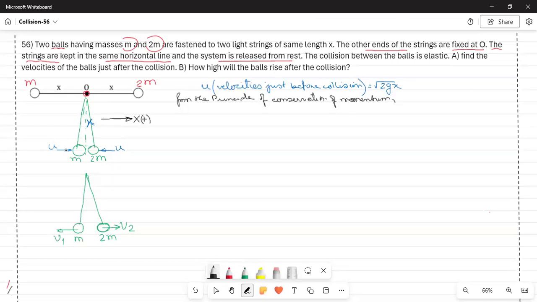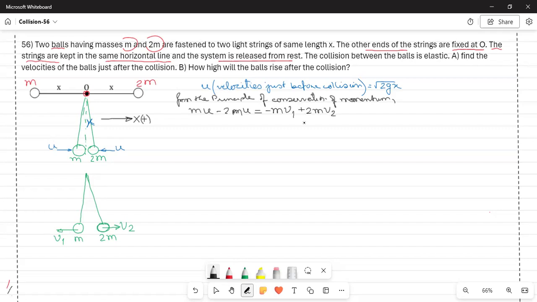So the velocity of mass m is in the positive x-axis. So we can write mu, but velocity of mass 2m is in negative x-axis, minus 2mu. It has the same velocity u. This is equal to minus mv1, because v1 is in negative direction, plus 2mv2.